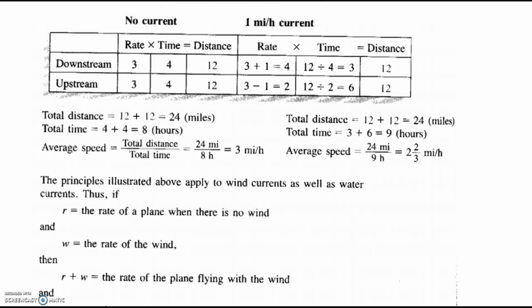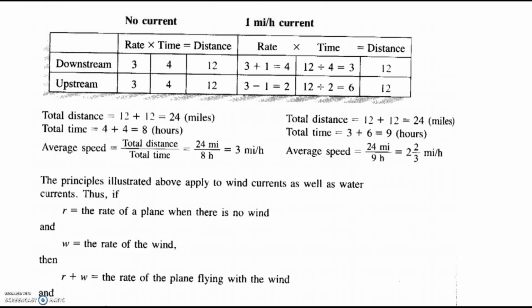However, you see in the next column when that 1 mile per hour current is added, going downstream, remember it's 3 plus 1 or 4 miles per hour, divided into that distance, which is 12 divided by 4, it takes you 3 hours. When your rate going upstream, it now becomes 3 minus 1 or 2 miles per hour because you go less distance in that same amount of time.